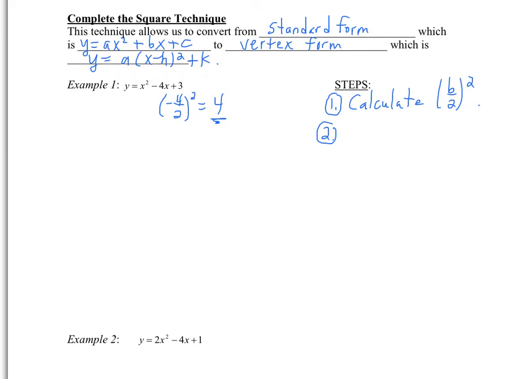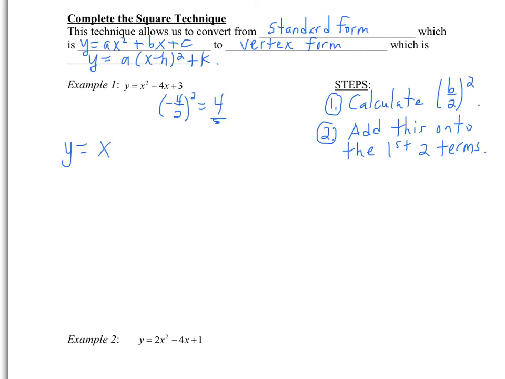The next step is to add this onto the first two terms. Okay, so we have y equals. By my first two terms, I'm referring to x squared and minus 4x.